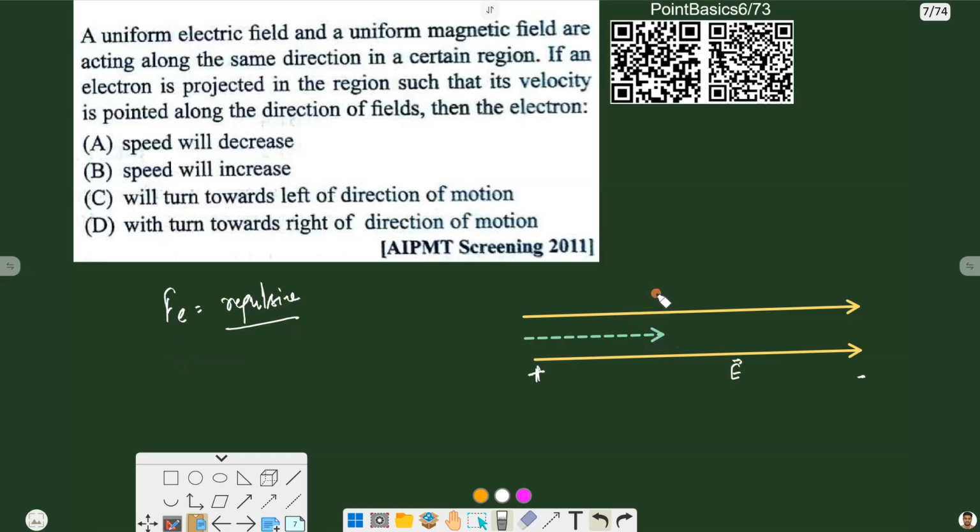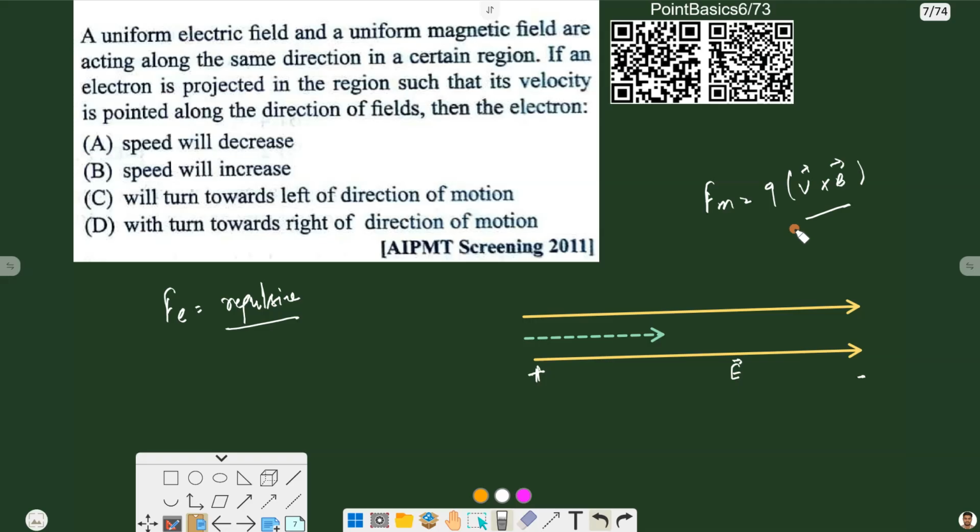Now coming to the magnetic field, as the magnetic field and velocity are both in the same direction, and we know that Fm is QV cross B, their cross product will be zero, and there will be no magnetic force. So only the electric force will be acting here, and even that will be in the opposite direction.